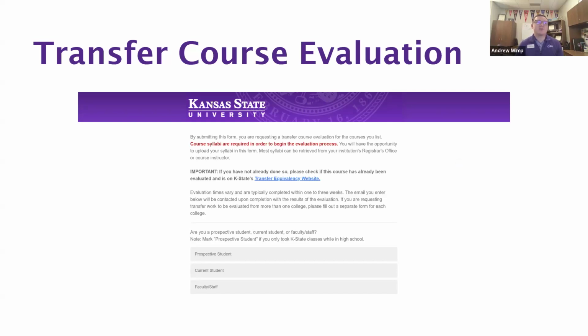It'll ask you some questions about where you took your credits from your previous institution, the name, the number of those courses, whether you're a prospective or current student, or if you're a staff member doing it on behalf of a student, you are able to do that and request those. Again, that takes about 10 business days, so between 1 to 3 weeks for us to get those evaluations back, and those are sent to you personally from us.